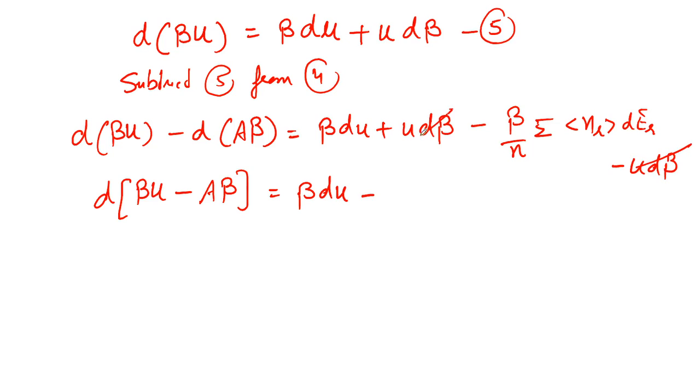So they get cancelled out and what we are left with is βdU minus beta over N into summation of Nr into dEr.